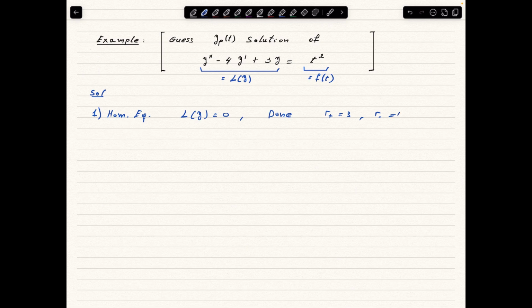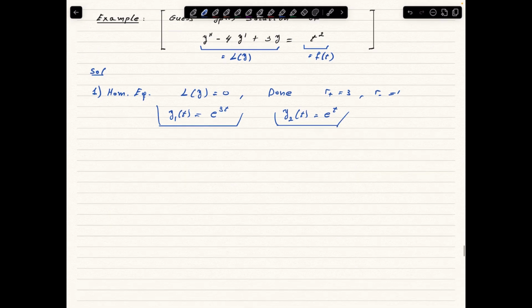We know that the solutions of the homogeneous equation are y1 of t equal exponential 3t and y2 of t exponential t. So we know all that. That's why I chose that left-hand side. We save some time.